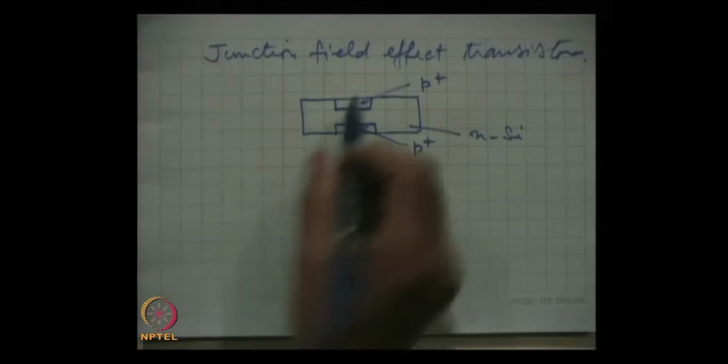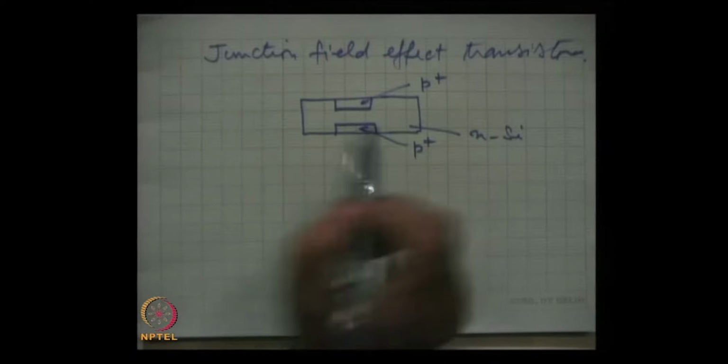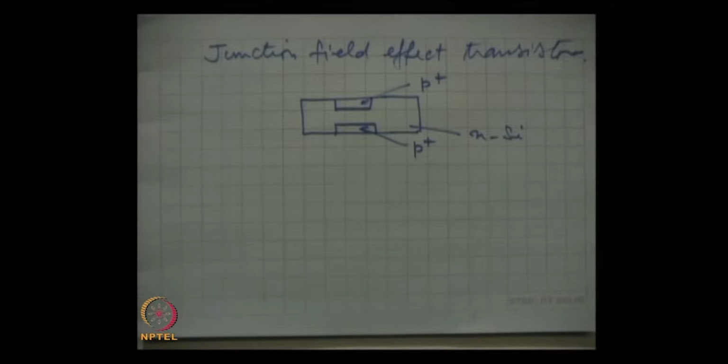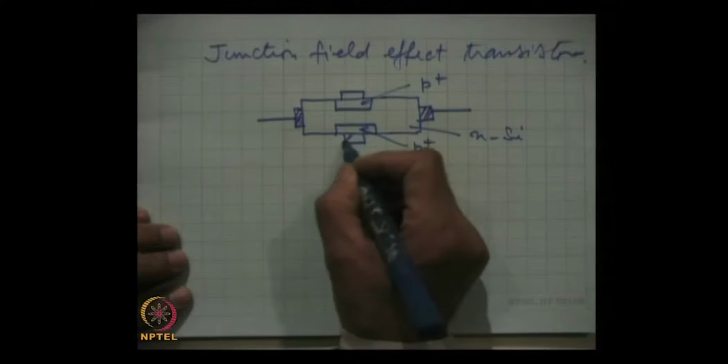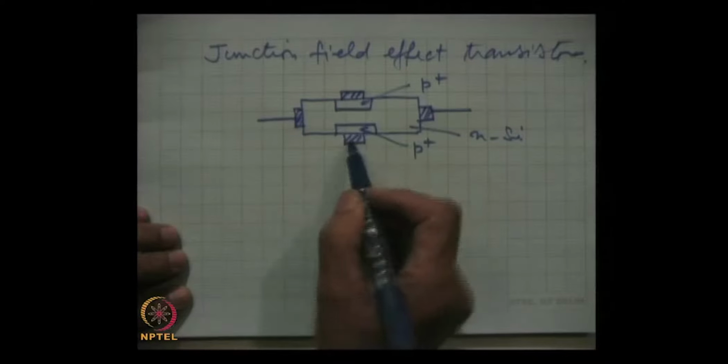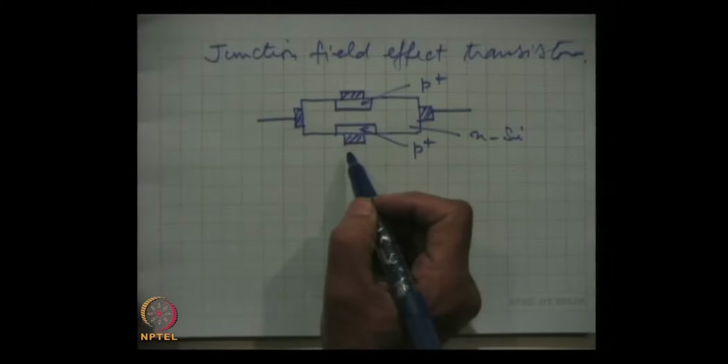Heavily doped p regions on the two sides of a small crystal of N type silicon, and one electrode is deposited here, the other electrode is deposited here, and then there are these two electrodes, all like aluminum, and these both are internally shorted.